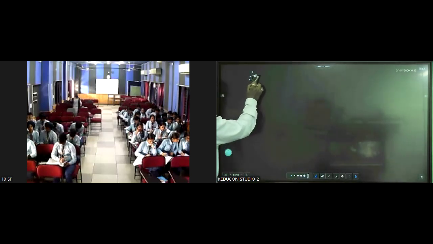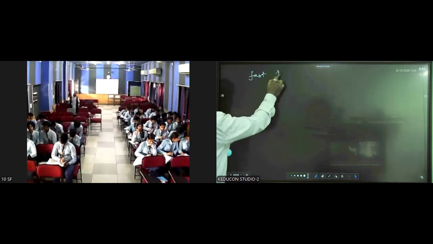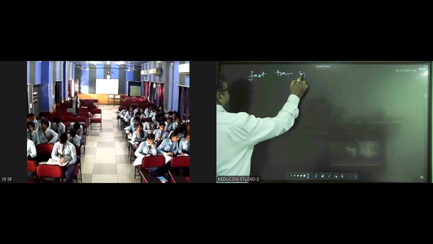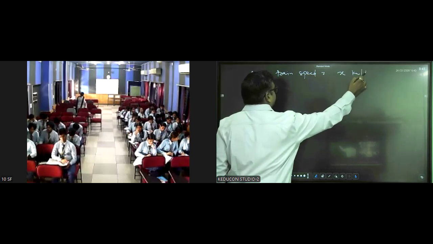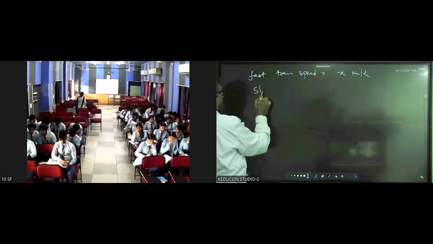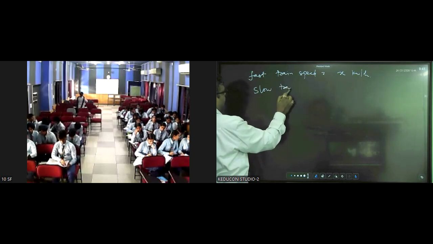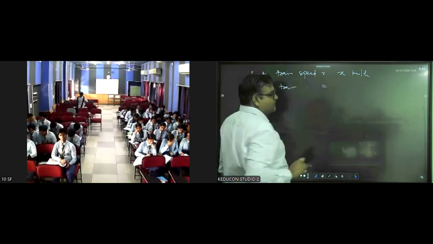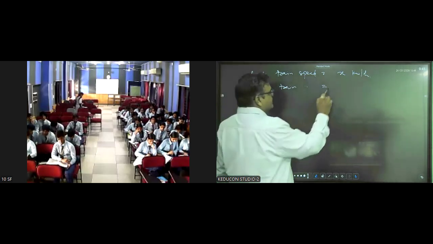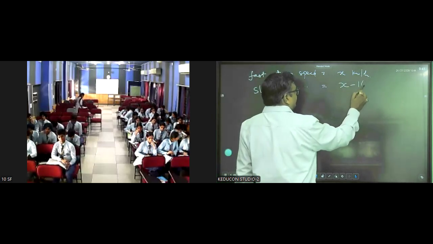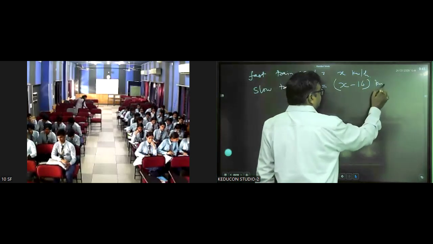फास्ट ट्रेन की स्पीड कितनी हो गई? फास्ट ट्रेन स्पीड x किलोमीटर पर आवर. स्लो ट्रेन की स्पीड कितनी हो जाएगी बच्चों? 16 किलोमीटर पर आवर लेस मीन्स x minus 16.